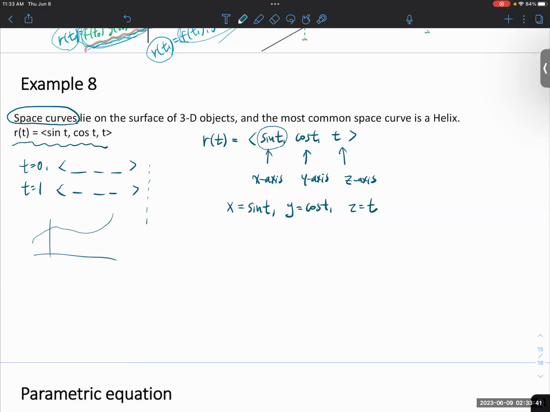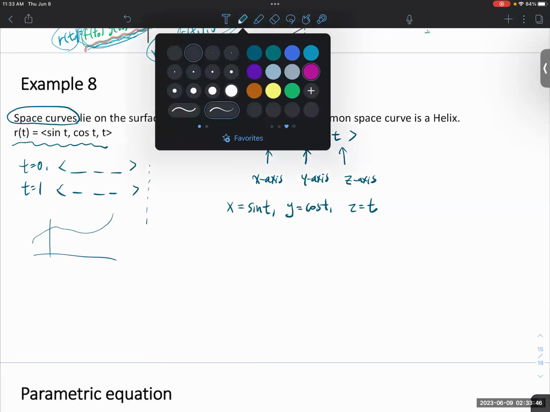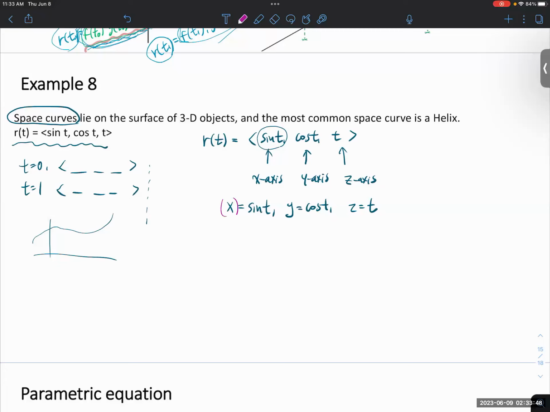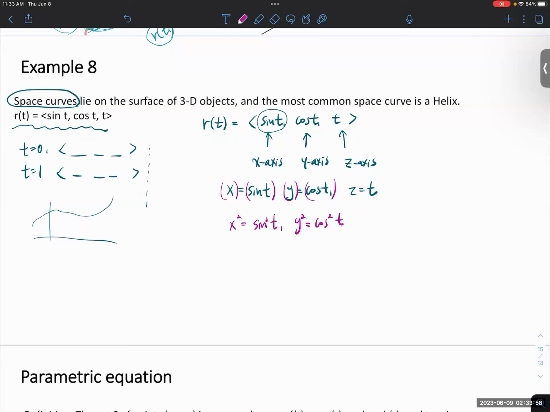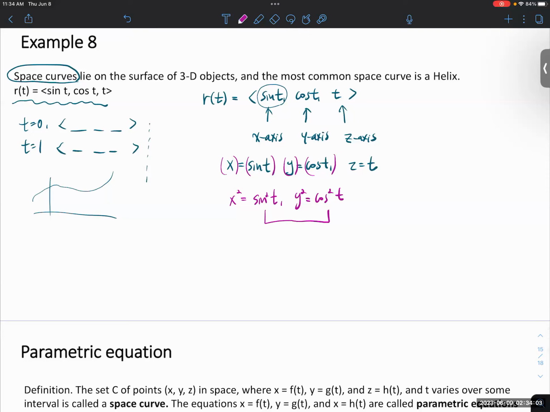Z equal to t. And now, according to the trigonometric function, let me just square everything. So it's going to be x squared, sine squared t, y squared, cosine squared t. Why am I doing it? Because if you are adding sine squared t plus cosine squared t, it is going to be 1.